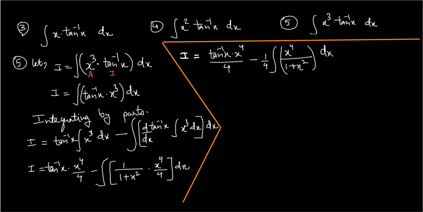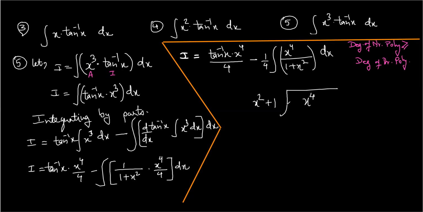You can actually divide. Here the numerator is x raised to 4, so x raised to 4 divided by x square plus 1. You can actually divide this because the degree of the numerator polynomial is greater than the degree of the denominator polynomial. Whenever the degree of the numerator is greater than or equal to the degree of the denominator polynomial, we go for the long division method.